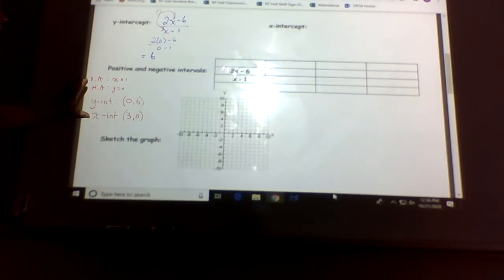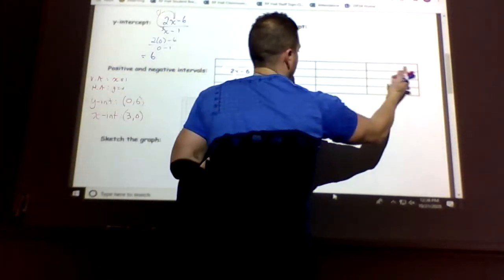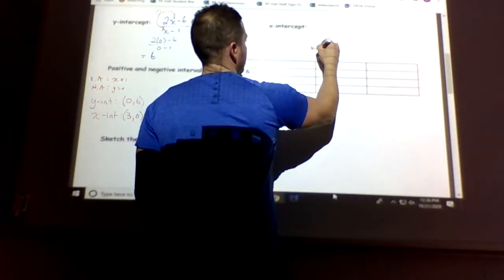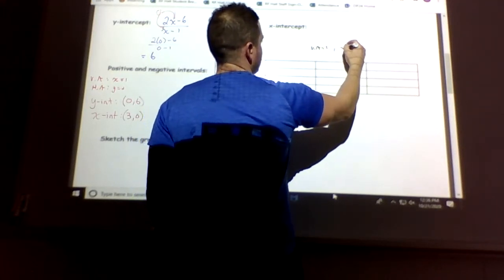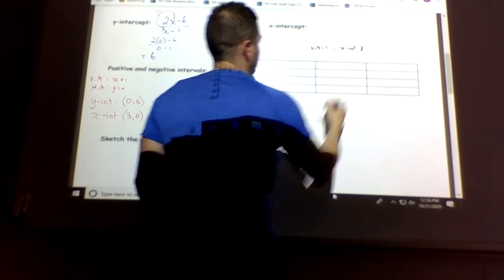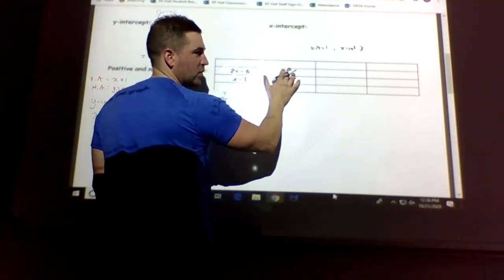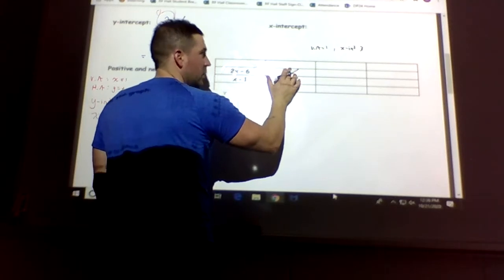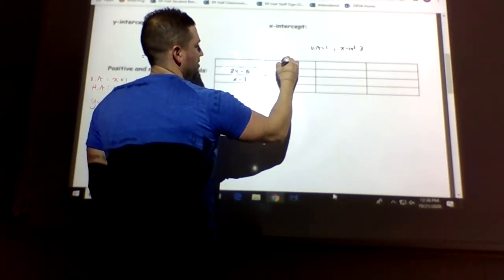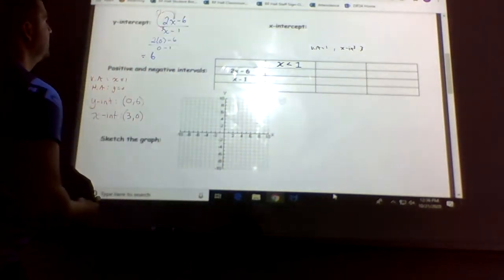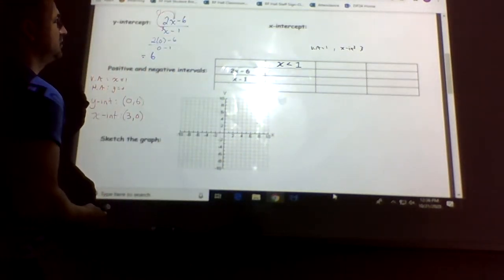Now we're going to make a series of intervals here. We look at our lowest number, which in this case is 1. So we're looking for x values that are less than 1. Is it less than or equal to in the question?